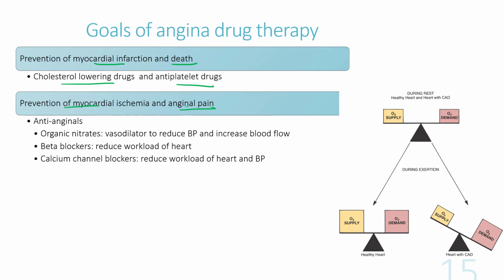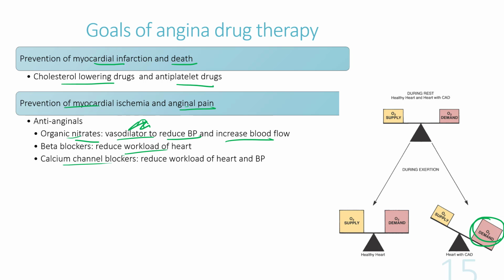And to prevent that, you use nitrates to make the blood vessels increase in diameter and therefore increase blood flow, right, and decrease blood pressure. You also want to use beta blockers to reduce the oxygen demand, right? That reduces the workload of the heart.